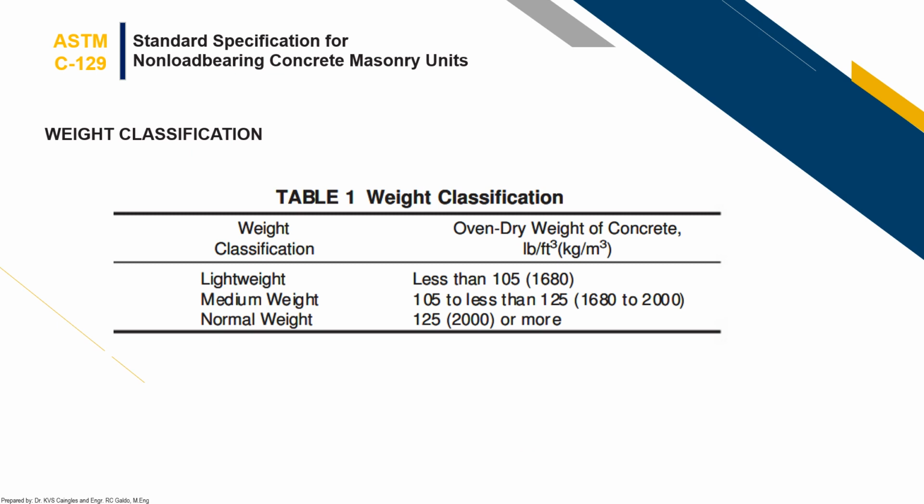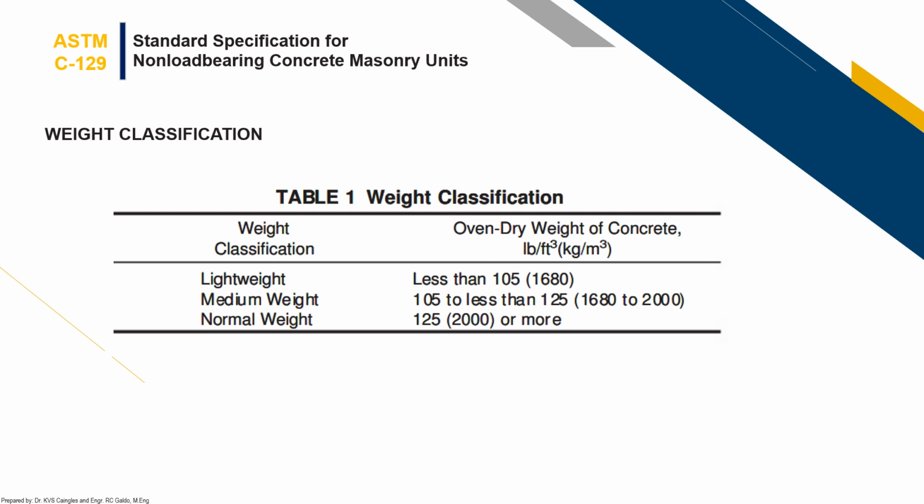iyahang density, or the oven dry weight of concrete, is less than 105 pounds per cubic foot. Kung ana ang oven dry weight sa imong concrete, then it is considered as lightweight.